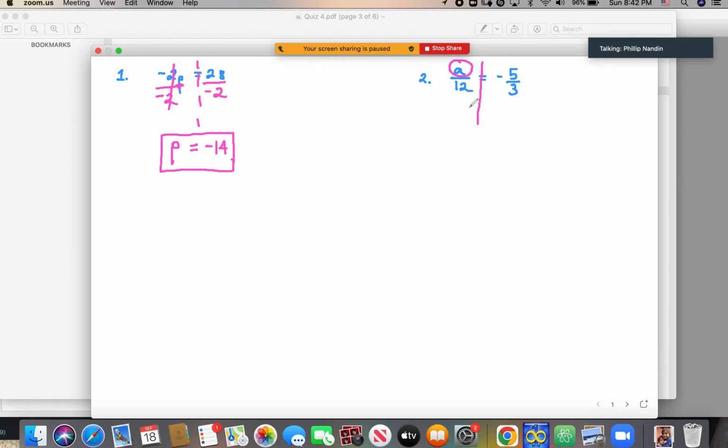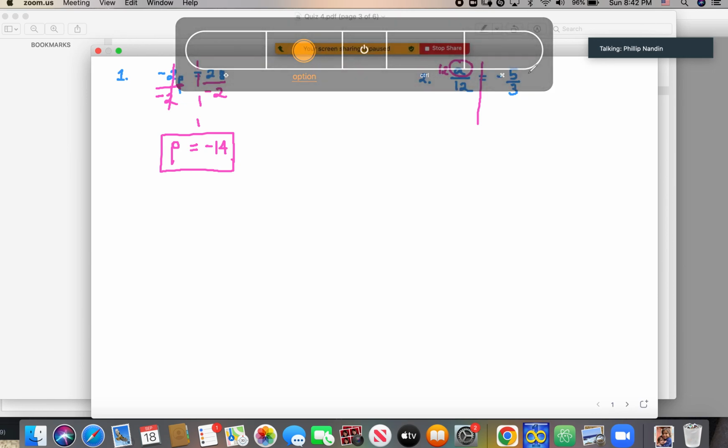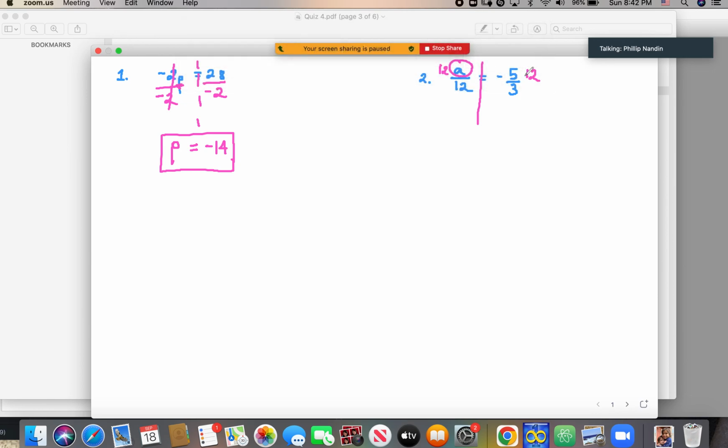So this is the left side of the equal sign, and this is the right side. To get A by itself, you have to multiply by 12 on both sides, because you want to undo the division. So it's A divided by 12. To undivide, you multiply by 12, and then 12 divided by 12 becomes 1. 1 times A is just A equals.